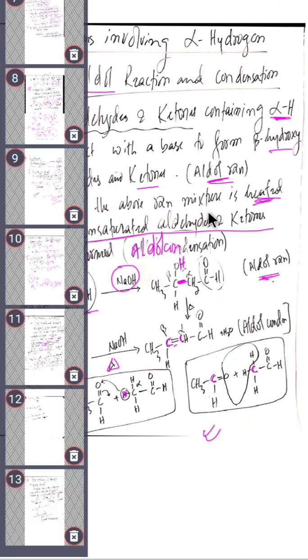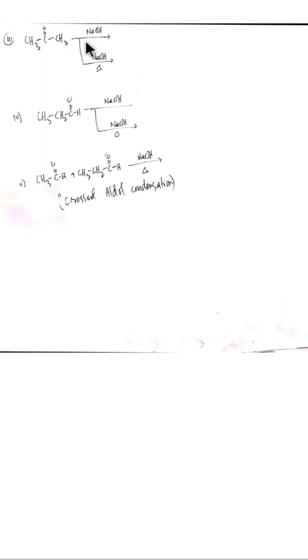Let us move to more examples of aldol condensation reaction and aldol reaction. Here I am taking acetone, okay, and sodium hydroxide is reacted with acetone. Let me write the product using the tricks only. CH3 COH, CH3 will come here, and from another molecule hydrogen will go here, has gone here actually.